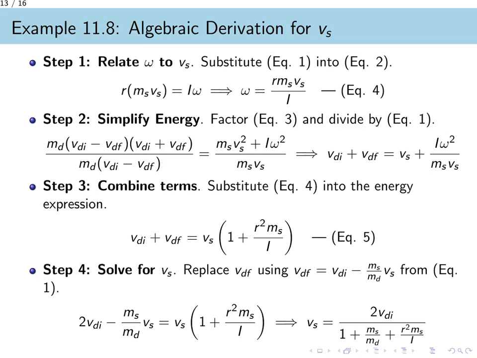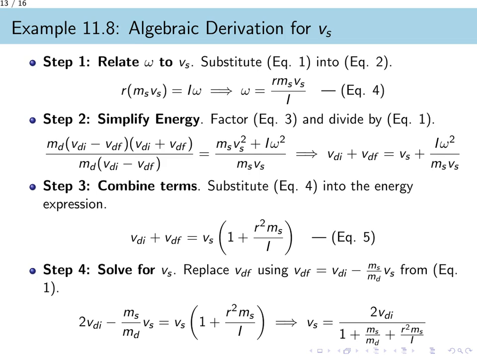First, we use the relationship between linear and angular momentum to express the angular speed, omega, in terms of v sub s. Next, we simplify the energy equation by factoring the terms for the disk and dividing by the linear momentum equation. This clever step eliminates several variables, leaving a simpler expression that relates the initial and final speeds.